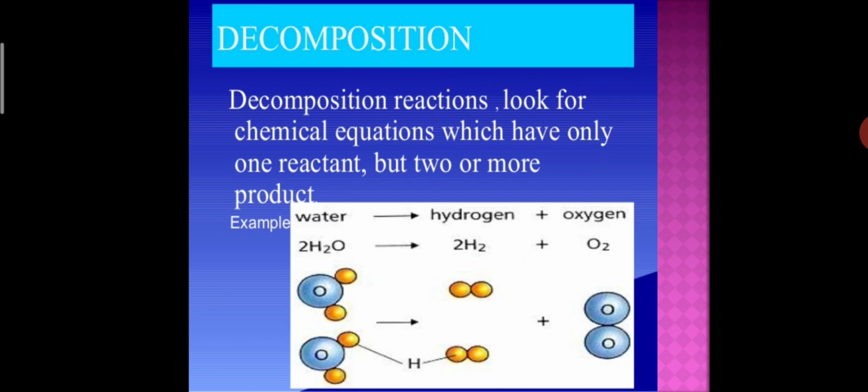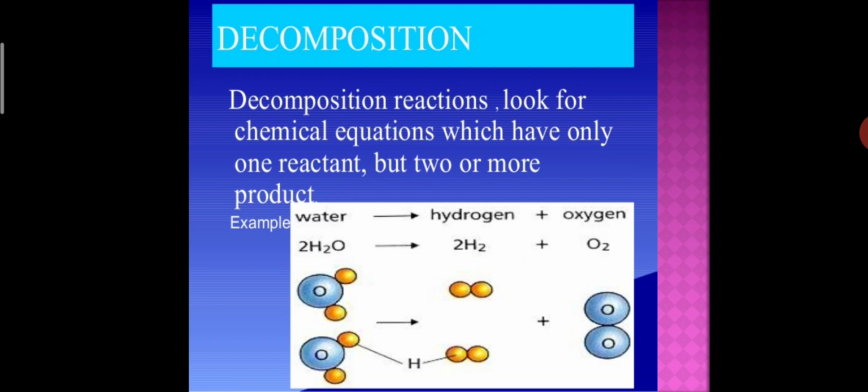Decomposition reactions have only one reactant but two or more products. First, the example of water. We have a molecule of water, H2O. When it splits, the products are hydrogen and oxygen.